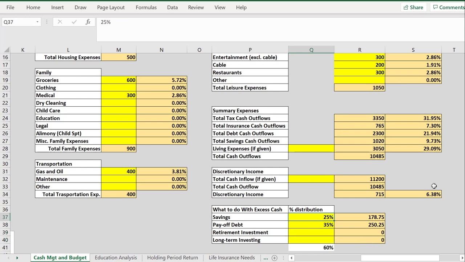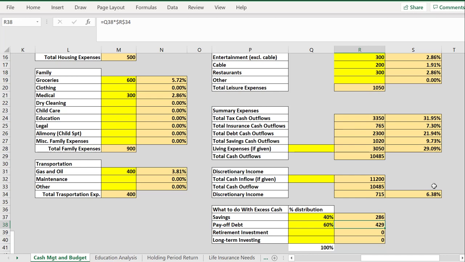What if we put 40% to our savings and 60% goes to pay off our debt. So we would take an extra $429 at the end of this month and help pay off our debt. Now, of course, we want to make sure that we have an emergency fund.